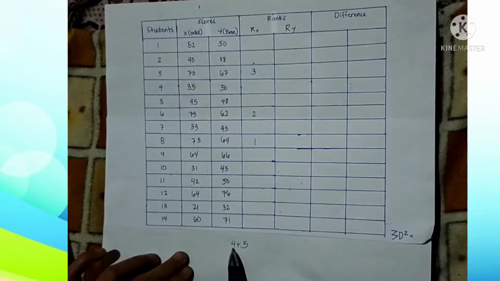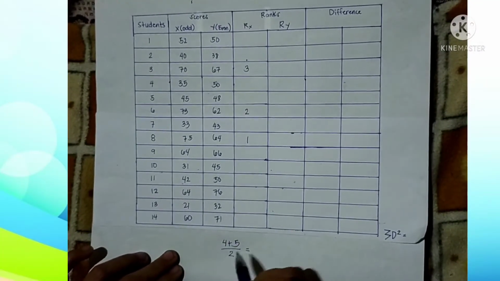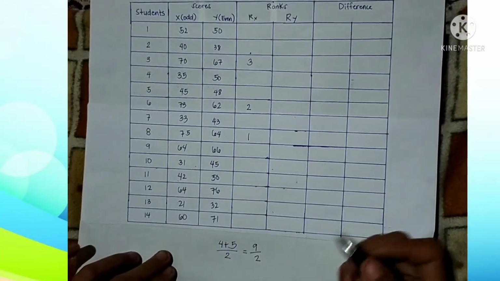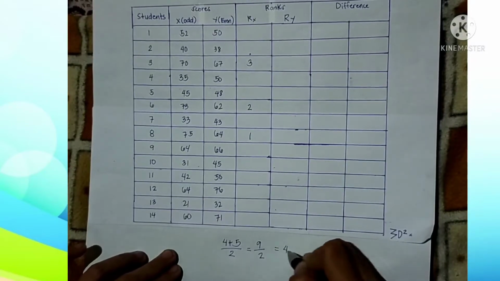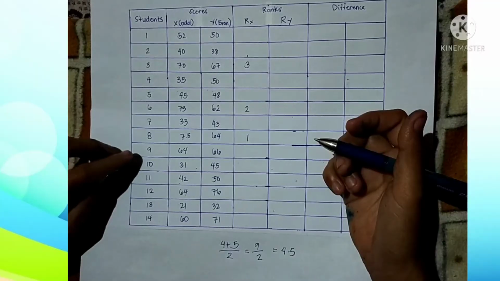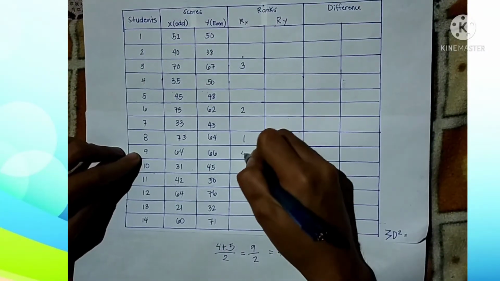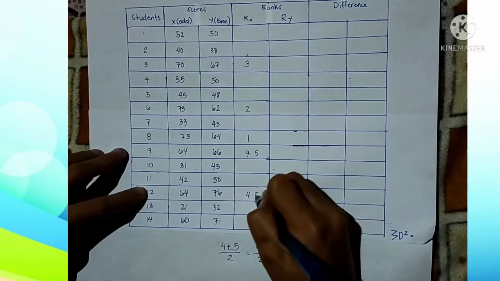We have two numbers, so we're going to divide by 2. 4 plus 5 equals 9, divided by 2. So 9 divided by 2 equals 4.5. So we are going to assign the two ranks of 4.5 and 4.5.